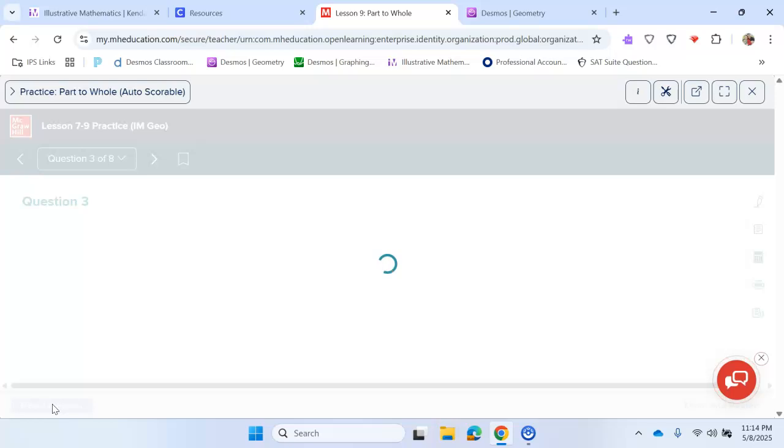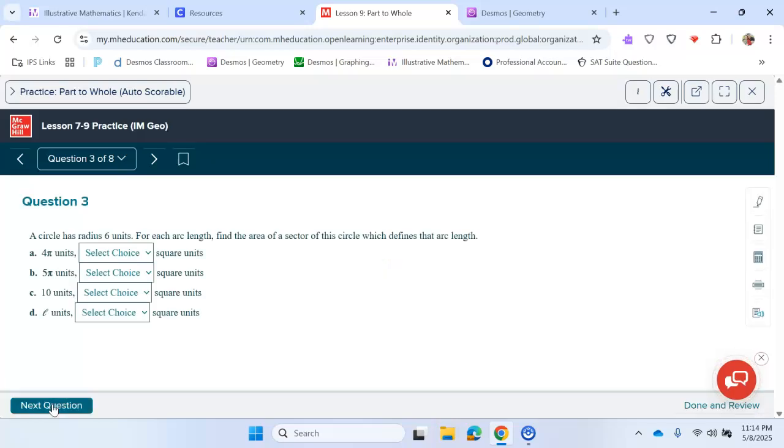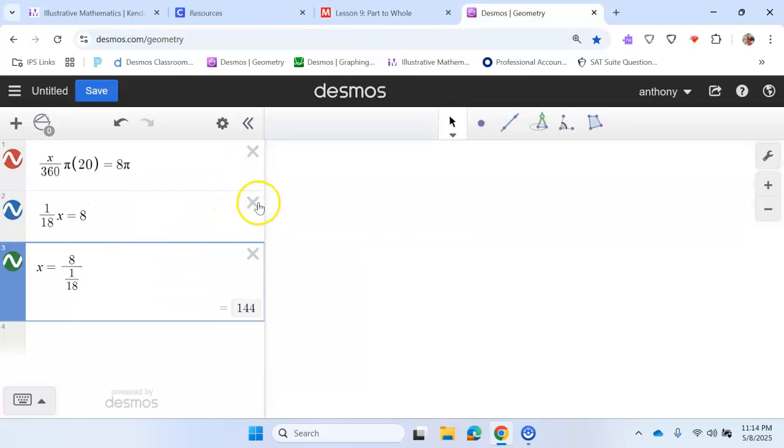Question 3. A circle has radius 6 units. For each arc length, find the area of a sector of this circle which defines that arc length. All right, so this first arc length is 4 pi.